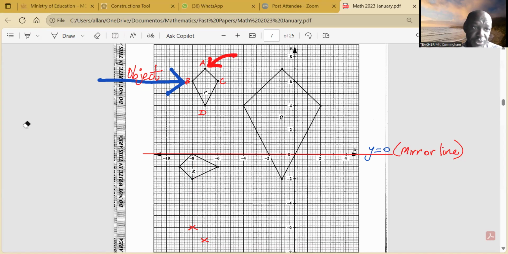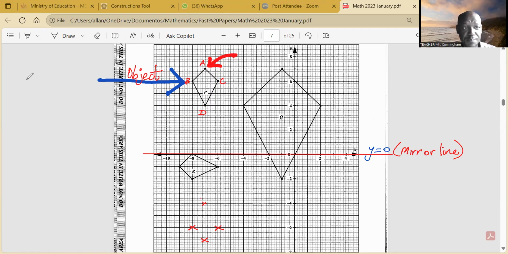C would also be 6 points. And last one. Stacia, how far is D from the mirror line? 4. So we go in 1, 2, 3, 4. All right.